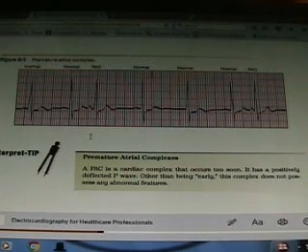Now how do you know this is a PAC? Because everything looks normal. It's just that it happened earlier. So that was called a premature atrial complex. And another thing you're going to also see is what? You see the P wave, how small it was here? The P wave is small here, the P wave is small here. Look at this P wave.